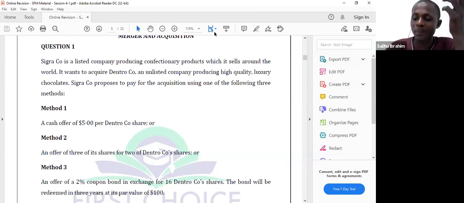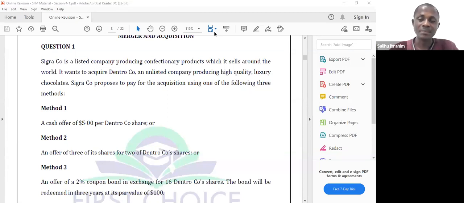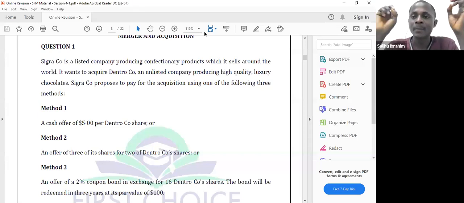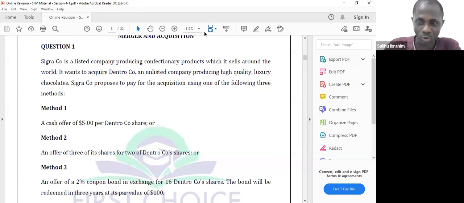Company A wants to merge with company B. The first thing you are going to do is compute the present market value before the merger of company A. You also compute the market value of company B before the merger. These market values are what we refer to as pre-acquisition market value, which is the market value before acquisition. Now we have discussed all methods of business valuation.